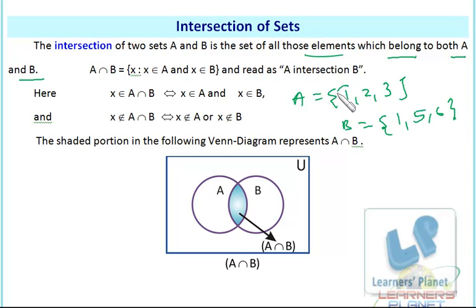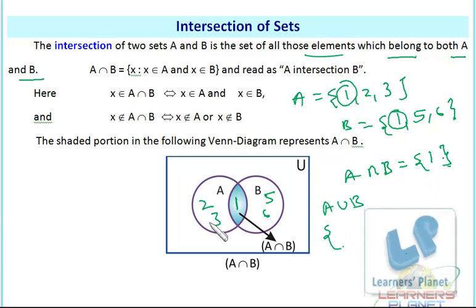Then there is one element, 1, that is common between A and B. If you fill up this Venn diagram, you will put 1 over here, 2 and 3 here, and 5 and 6 over here. So A intersection B is 1. A union B is 1, 2, 3, 5, 6.